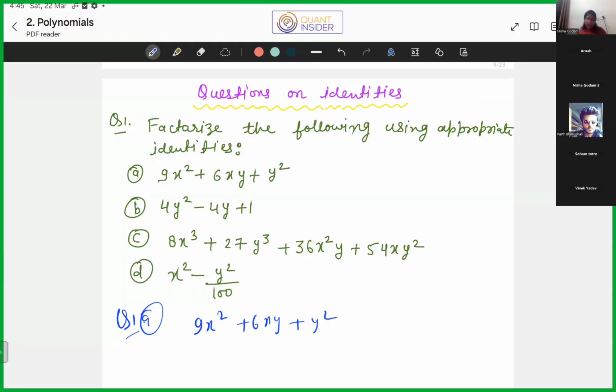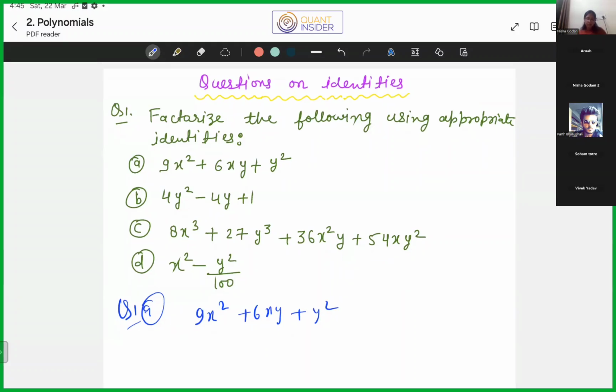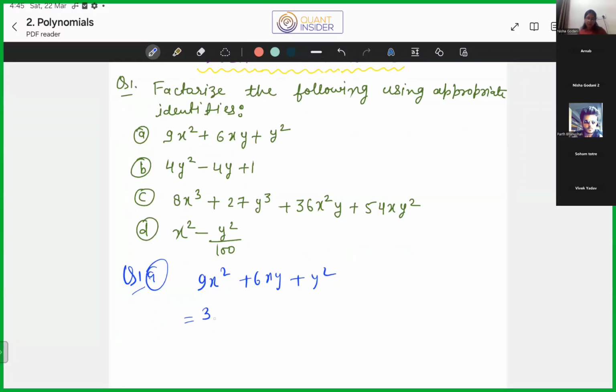You can see that it can be written as 3x whole square plus y square plus 2 into 3x into y. You can write it like this. Here you can see that a equals 3x, b equals y. So it is of the form a square plus 2ab plus b square.